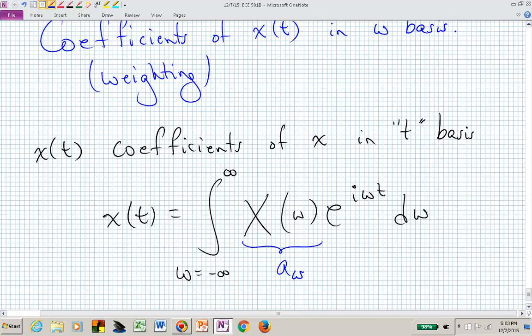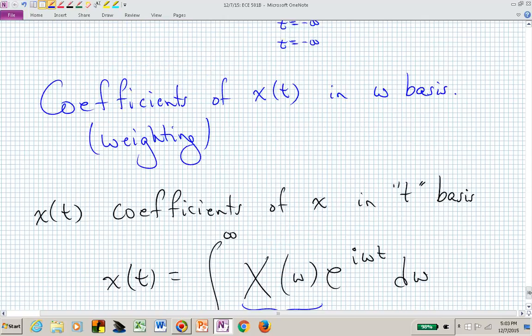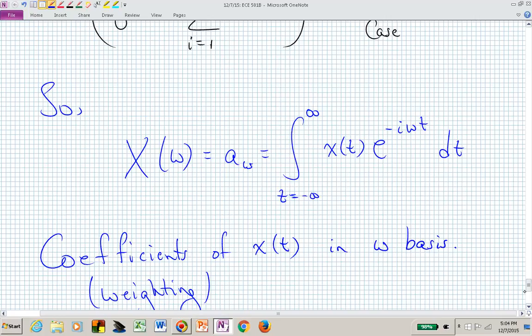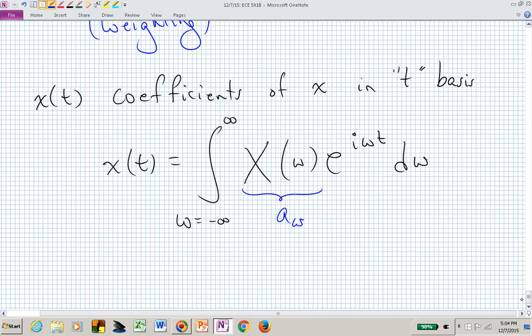So now a of omega are the weightings, and to find those a of omegas, we just need to compute basically how x, this arbitrary function, aligns with these various sines and cosines, or this complex exponential e to the i omega t, which we're now writing as its conjugate in this integral expression. And that's what little x of t is.